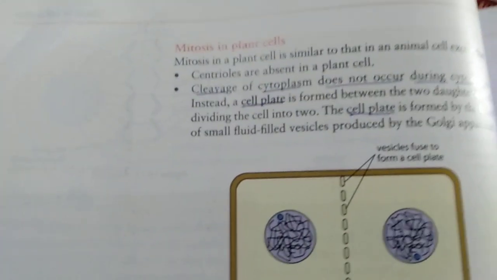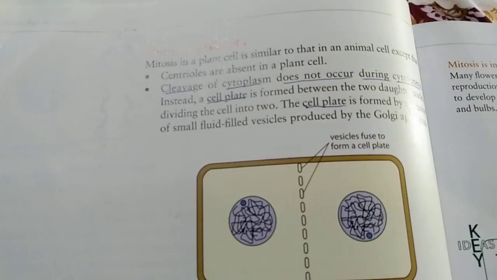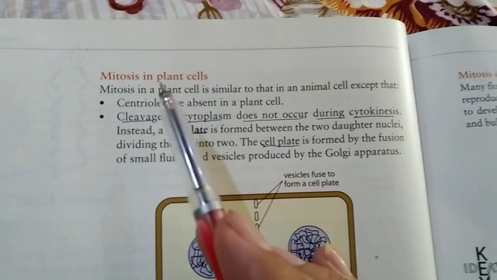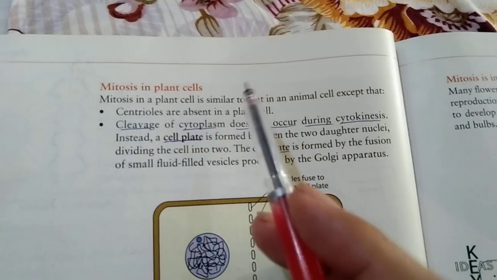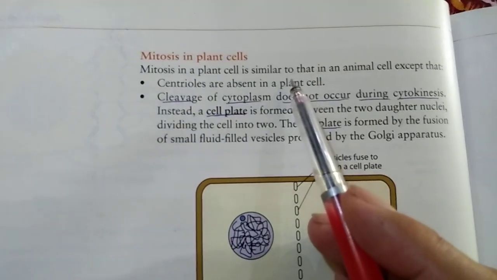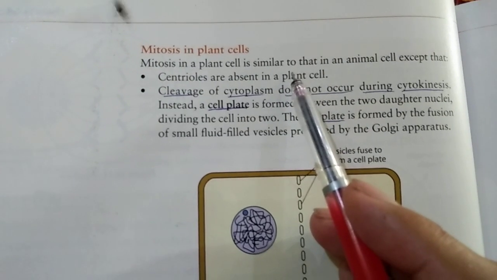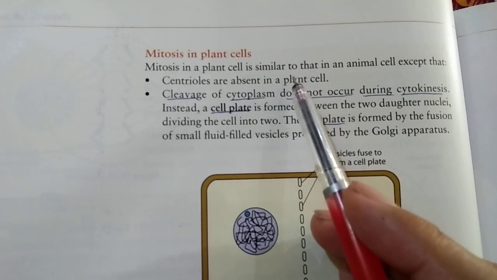Now we discuss mitosis in plant cells. Firstly we discussed mitosis in animal cells.